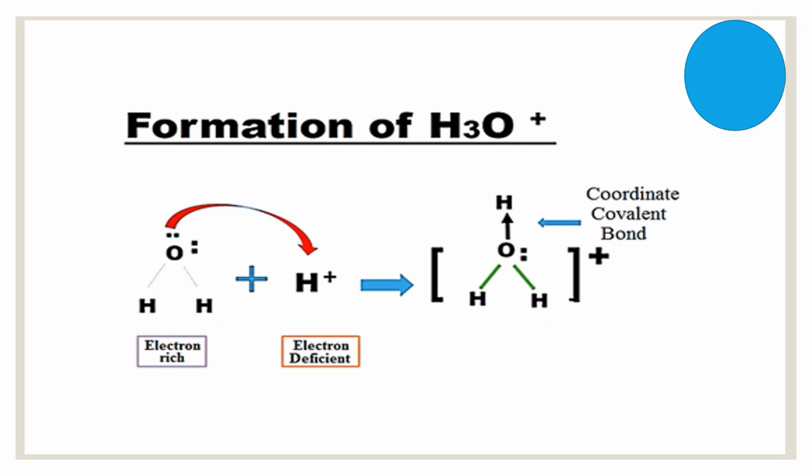So H plus doesn't donate any electrons, only H2O molecule donates electrons for bonding, and that pair of electrons is shared between H2O and H plus ion. Therefore H3O plus ion is formed. So you can see the coordinate covalent bond in H3O plus ion. Here H2O is donor and H plus ion is acceptor.